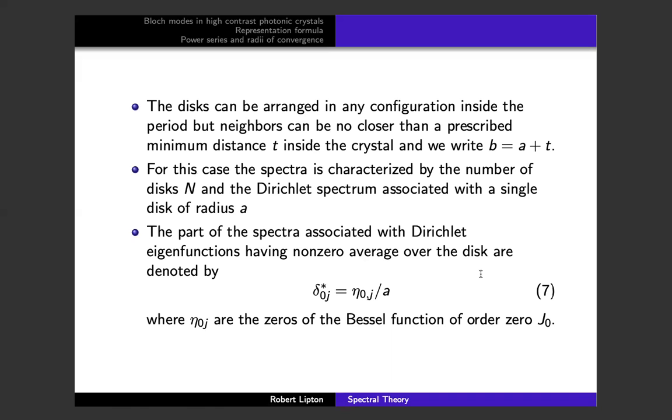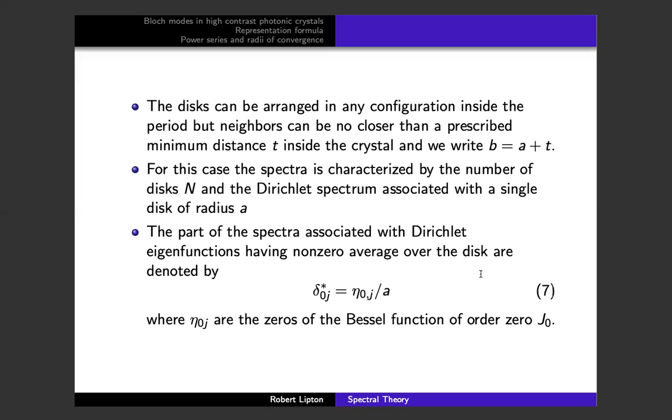Now, the part of the spectrum associated with the Dirichlet eigenfunctions that have a non-zero average over a disk, we actually know them for a disk: they're the Bessel functions of order 0. So the Dirichlet eigenvalues associated with eigenfunctions that have non-zero mean are written with an asterisk on them.